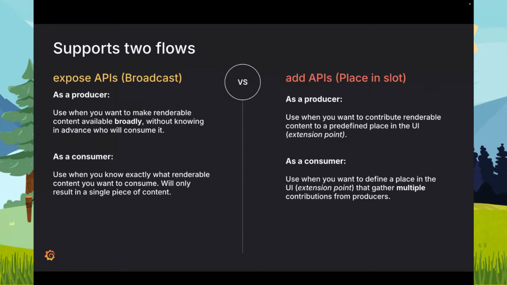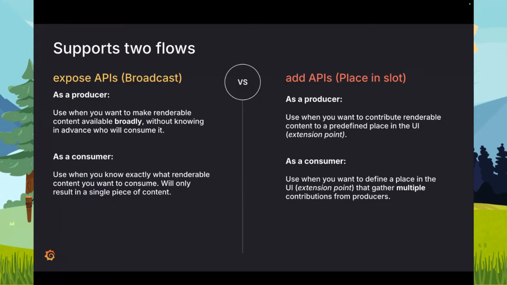So we have two different flows. We have a set of APIs we call expose, and we have a set of APIs we call add, and they are different depending on the use case. You would either use expose or you would use the add APIs. Expose you could think of as broadcasting functionality or renderable content to anyone.